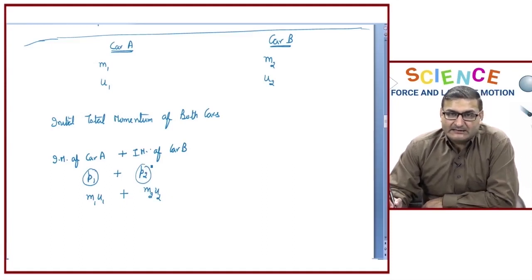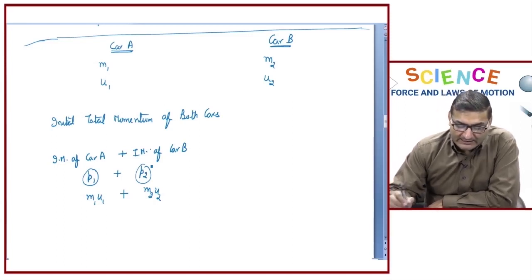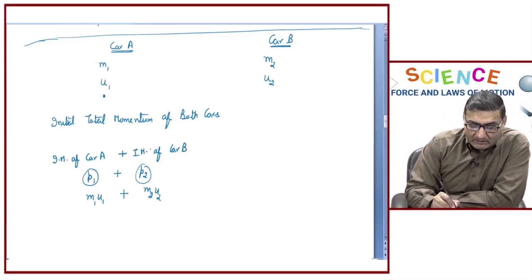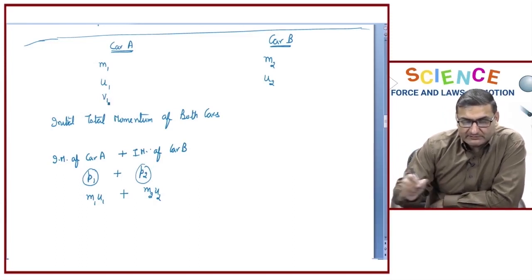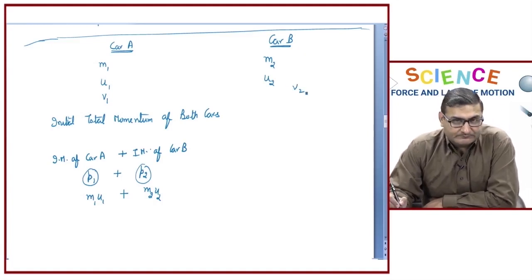Now, let us take the situation that these two cars collide with each other. When they collide, obviously their speeds are not going to remain the same. They are going to either increase or decrease. So, let the final velocity of car A after collision be v1 and of car B let the final velocity be v2.